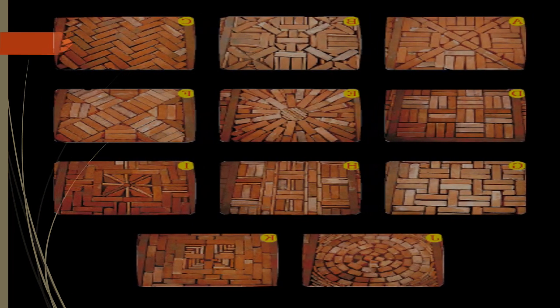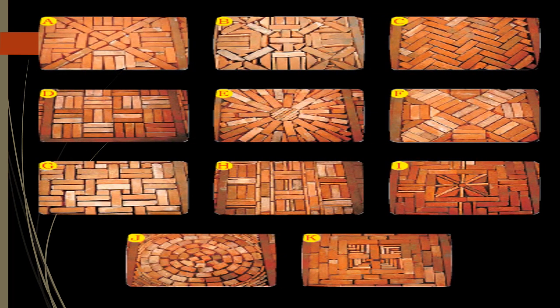Now moving on to the next part. You can see these are 11 patterns that are made with the help of bricks, and all these patterns are there in your maths notebook. I have taken these pictures from your maths notebook itself.